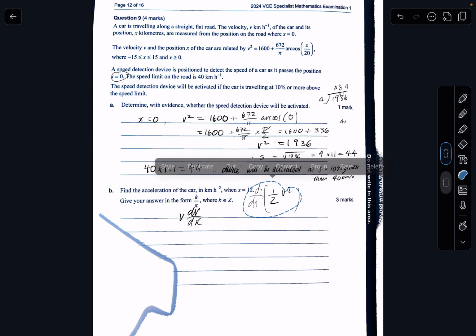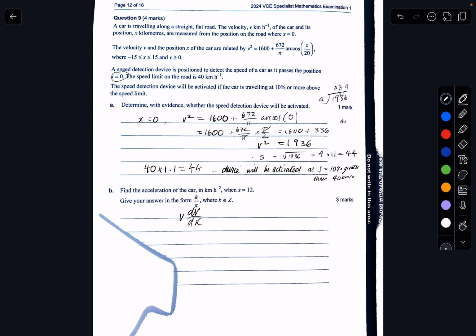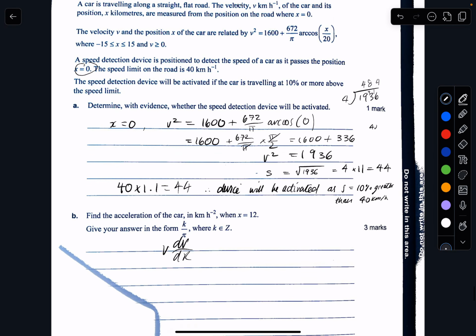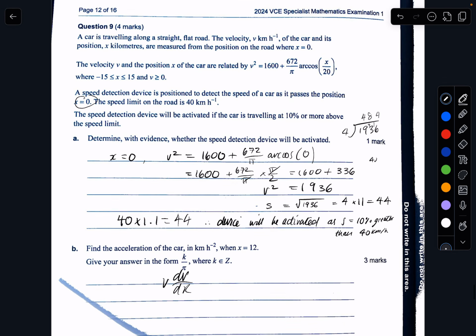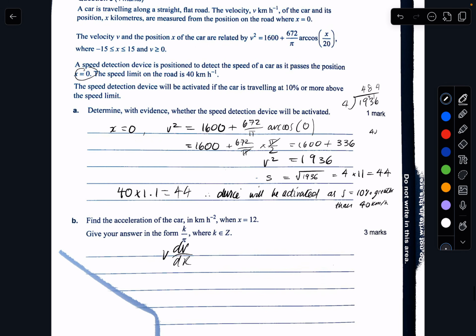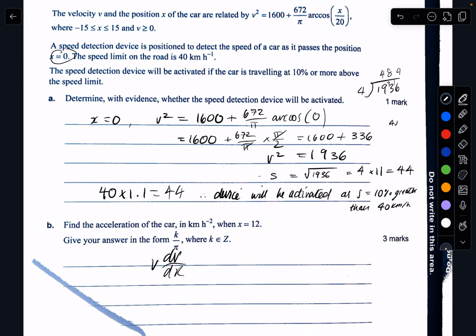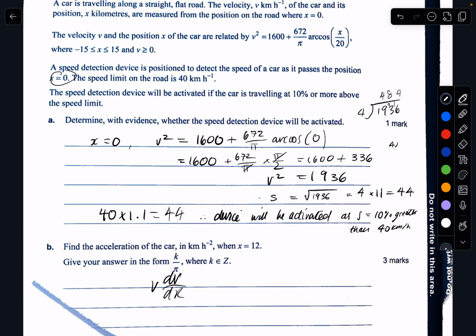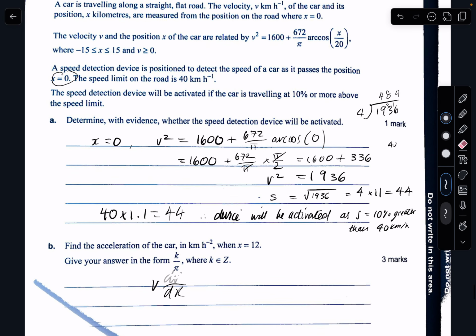To be honest, I'm just going to use the v dv dx. And so that would be, so what's dv dx? I think it'll be easier to use the other one.